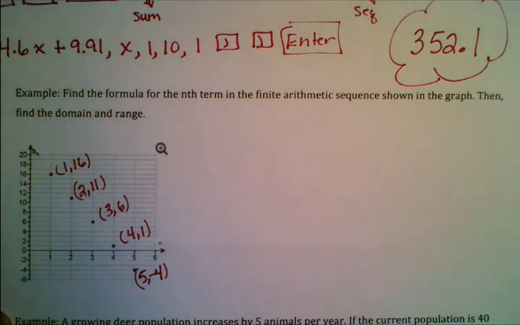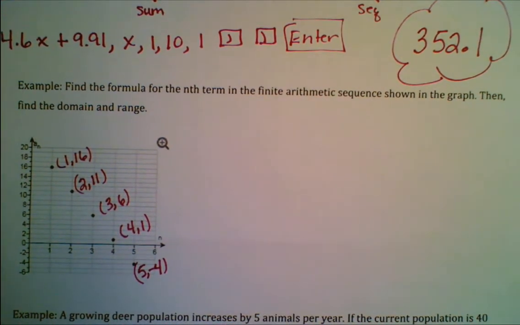So it wants us to create an equation, or create a formula. To do so, we're going to be using the point slope formula, and we're also going to use the slope of the line formula. So going back to some basic how to write an equation given some information.